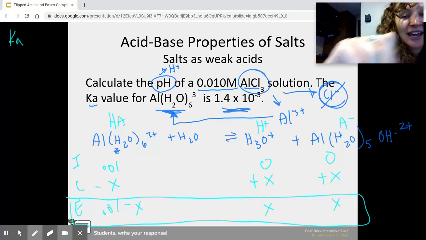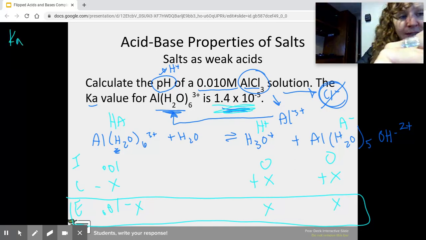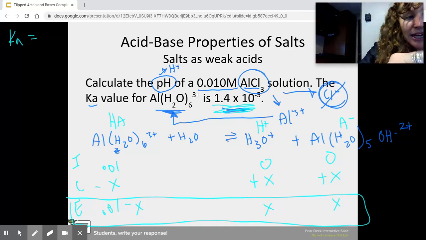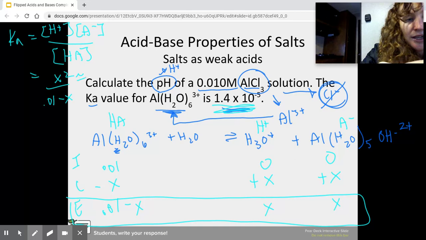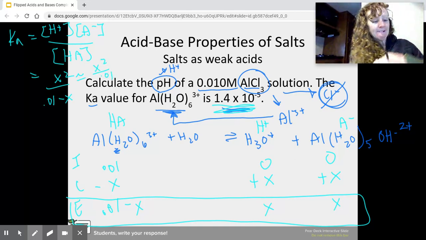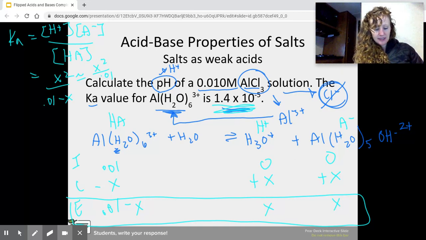Okay, now we're at our Ka, and they give that to us. I can write my Ka equation, and again, I can just use the general format instead of using that anion that is kind of bulky. And then I'm going to take my equilibrium positions, and this is looking super familiar. I'm going to ignore any x that is added or subtracted. Okay, we're ready to solve for x.